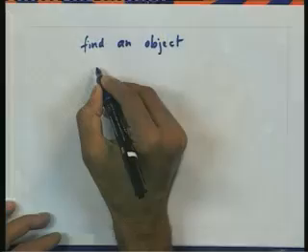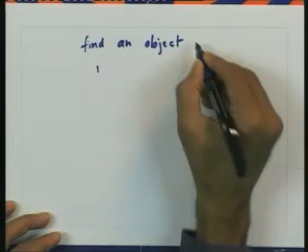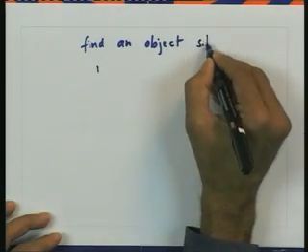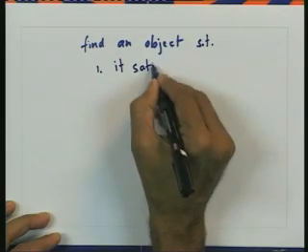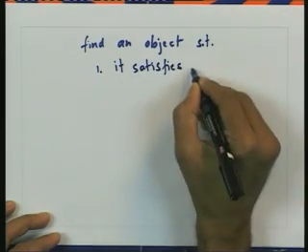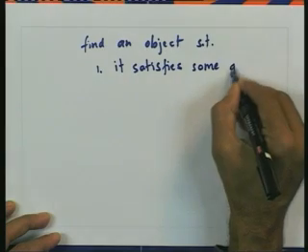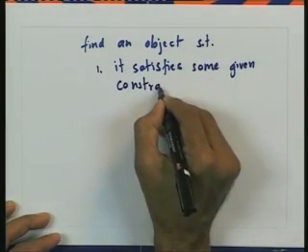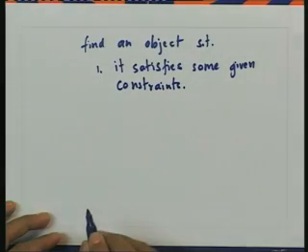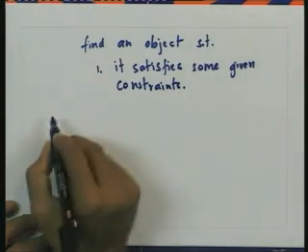And this object must satisfy certain given constraints. So find an object such that first it satisfies some given constraints.